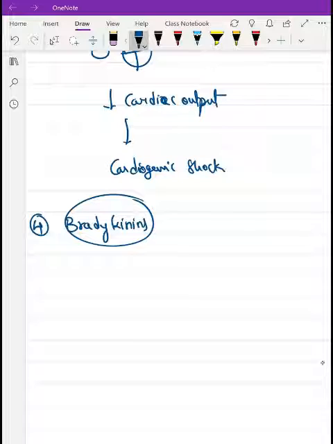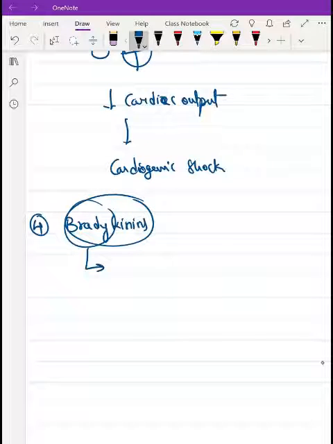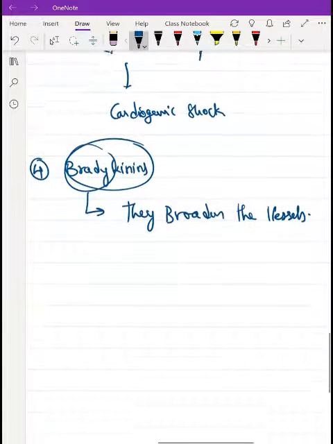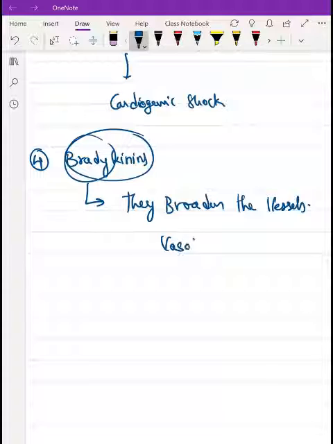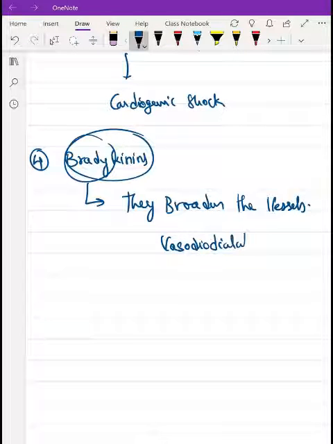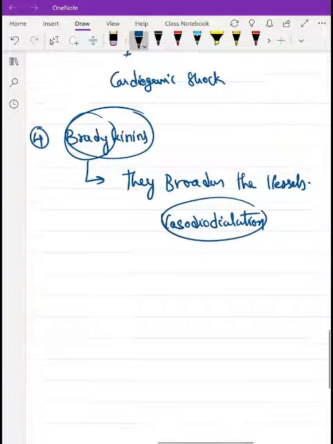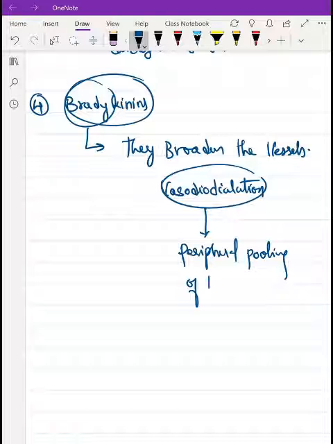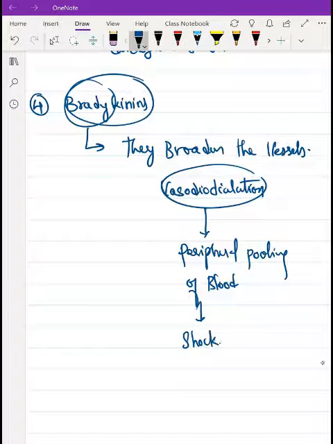What do they do? Brady means slow or broad. They broaden the vessels, which means they cause vasodilation, leading to peripheral pooling of blood, leading to shock and death.